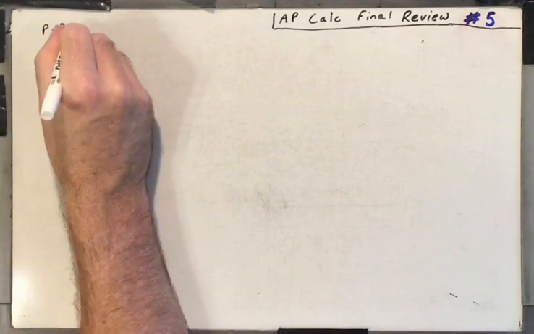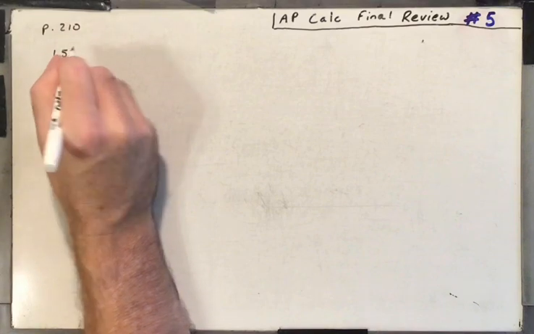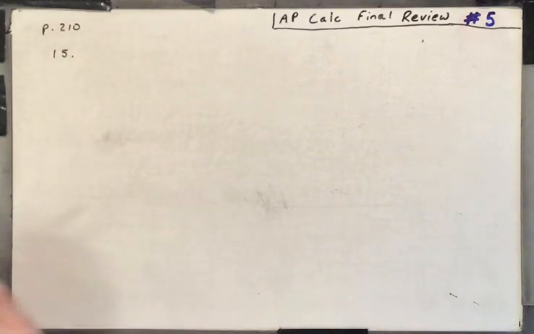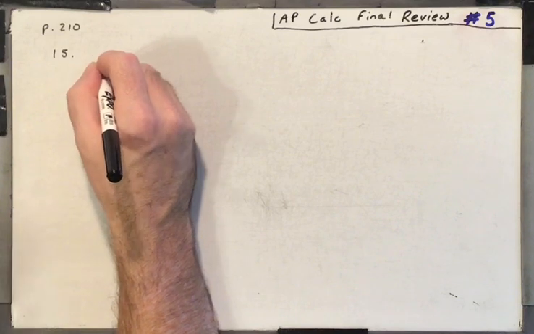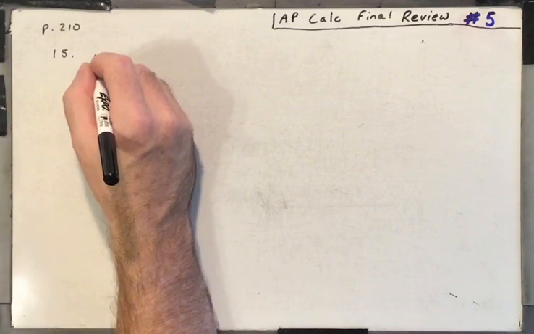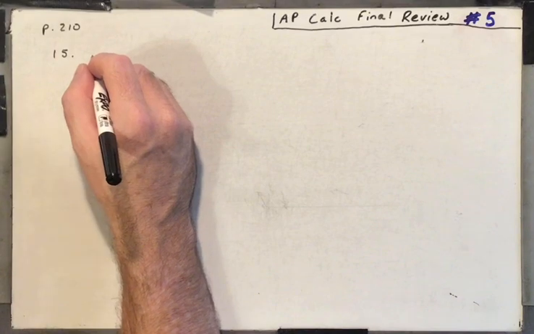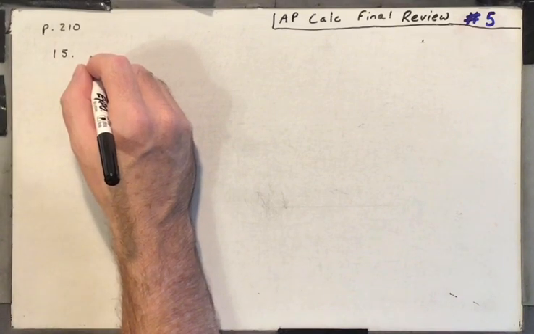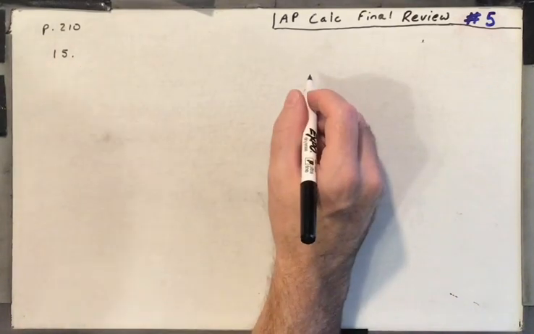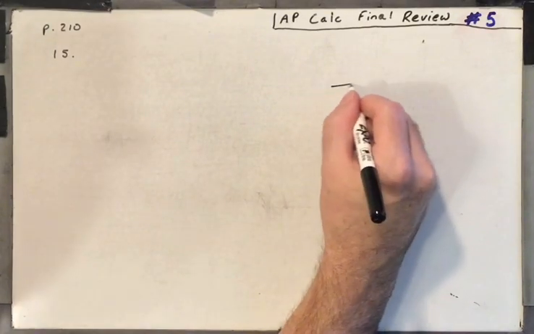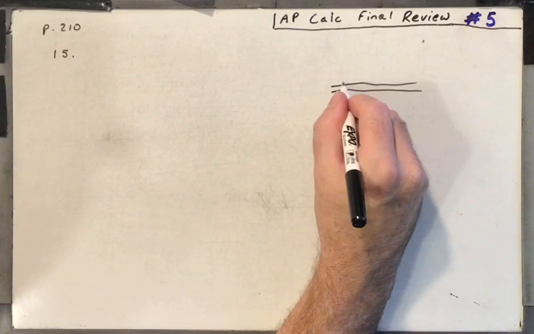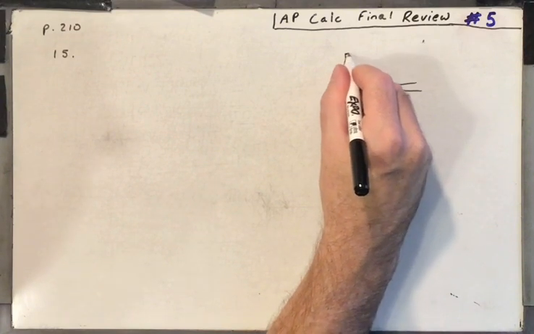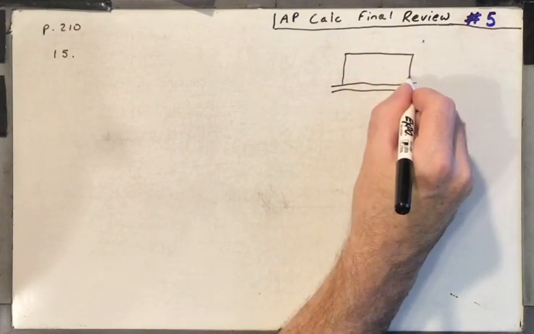If you want to work this on your own, go ahead and do that, and then come back to the video and see if you did it right. It says a farmer plans to fence a rectangular pasture adjacent to a river. So we've got a river, and we have rectangular fencing.